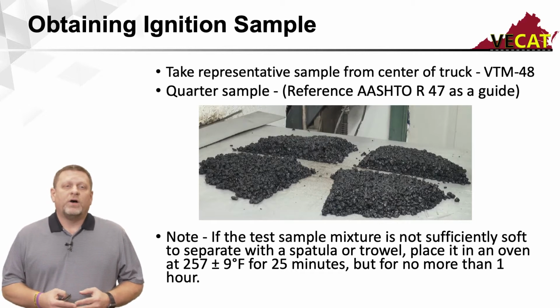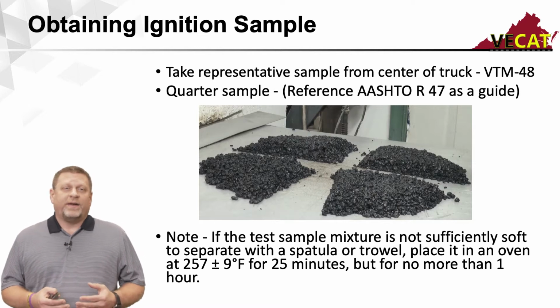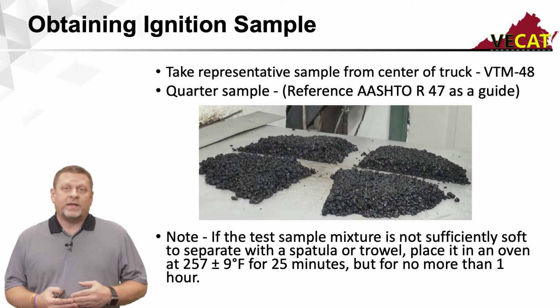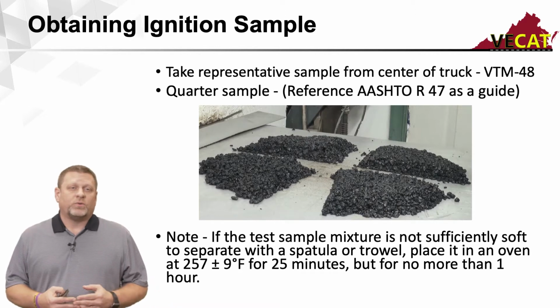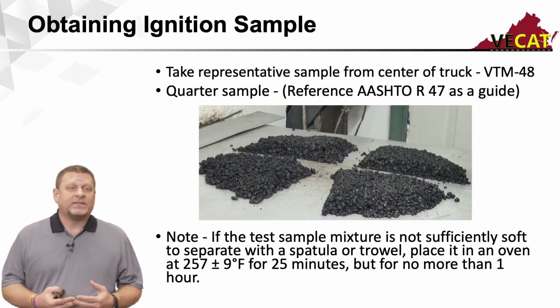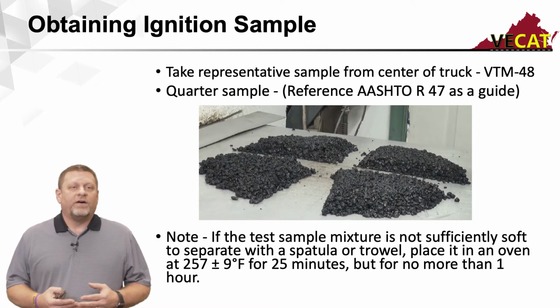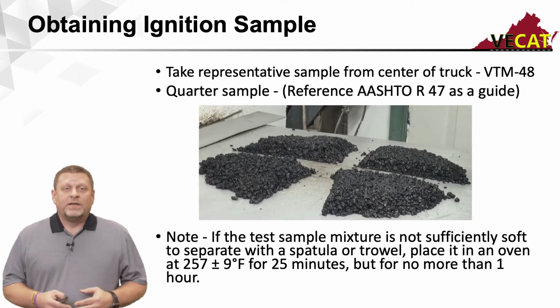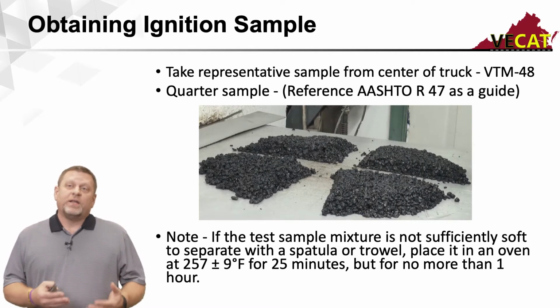One thing I do want to note here: if your sample mixture is not soft, if you've allowed it to cool down, or you had to drive from your plant back to a central testing laboratory and your sample's cooled off, and you need to heat it up to make it pliable so you can do this quartering method and add it to your baskets, you are to heat it in an oven at 257 plus or minus 9 degrees Fahrenheit for 25 minutes. But that should get it pliable.